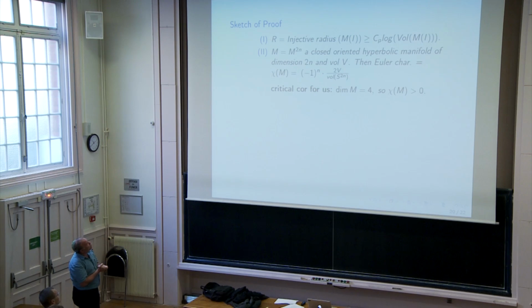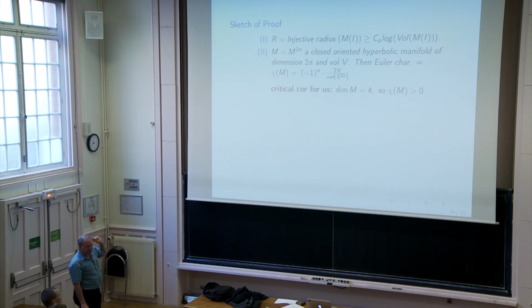Let M be a hyperbolic manifold of even dimension 2n, and the volume is V. Then there is a formula for the Euler characteristic. The Euler characteristic is equal to (-1)^n times 2V divided by the volume of the ball. But the most important part for us is the (-1)^n. We are working with n equal 4.